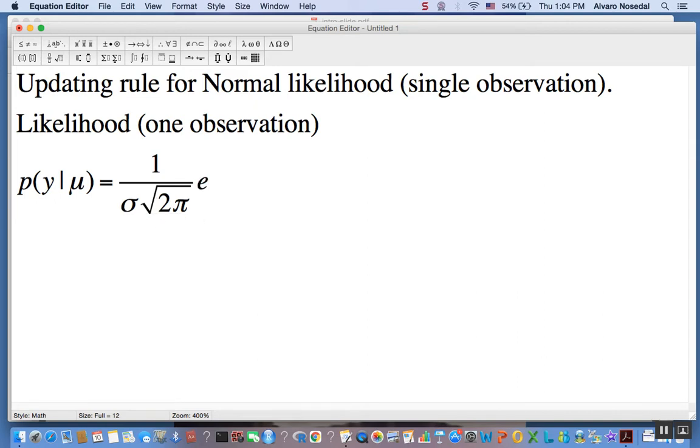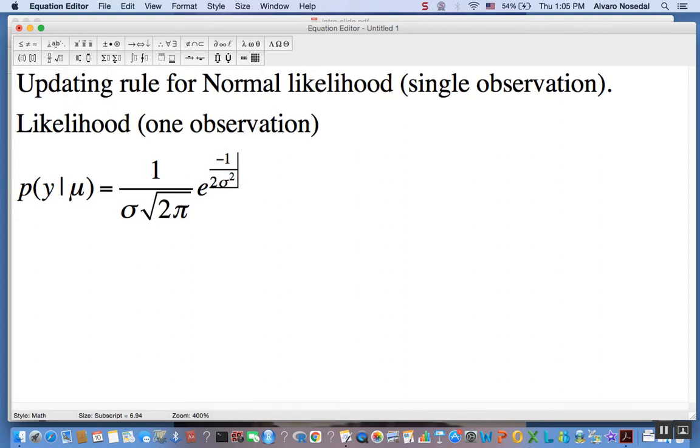Then we have an exponential. We are going to have the following power here: minus 1 divided by 2 times sigma squared, times y minus mu, squared.